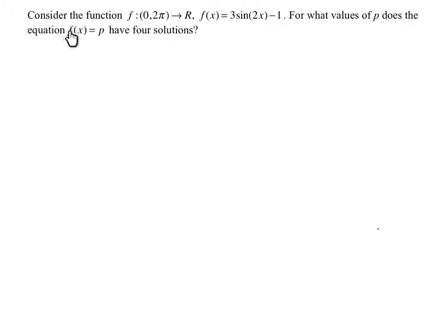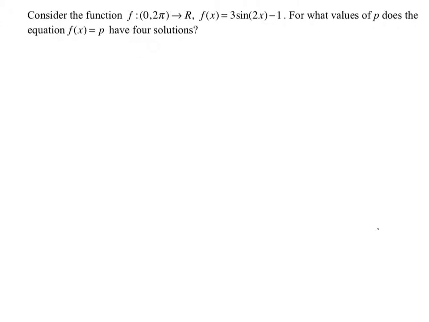Now this p here is just any constant number, and f of x is just the y value. So the y value is p, and we're considering the straight horizontal line that's passing through this function, and we want it to pass through 4 times.